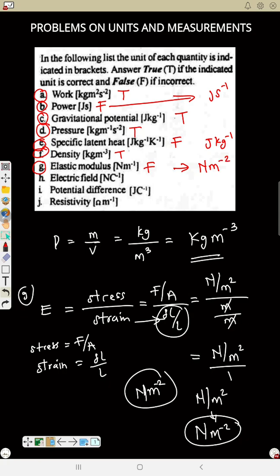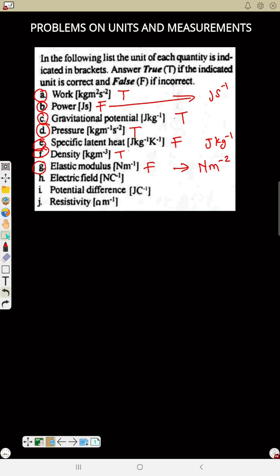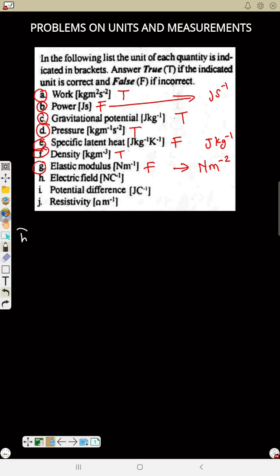Now the next one is electric field. What is electric field? So the electric field is the strength of an electric field at any point.